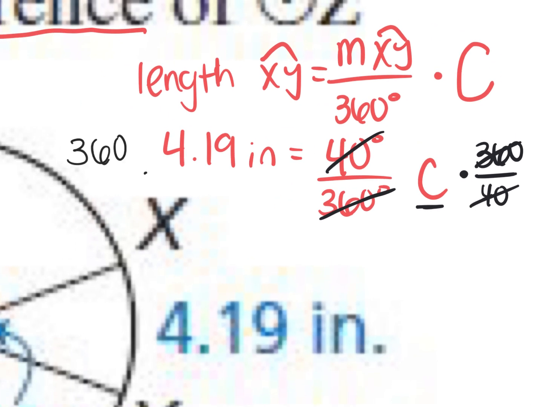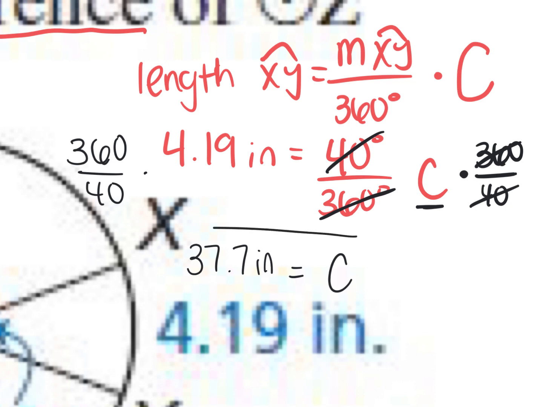Multiply by 360 over 40. So now in your calculator, you're going to multiply 4.19 times 360 and then divide it by 40. 37.71. Let's round it to 37.7. Let's put inches and we're done.